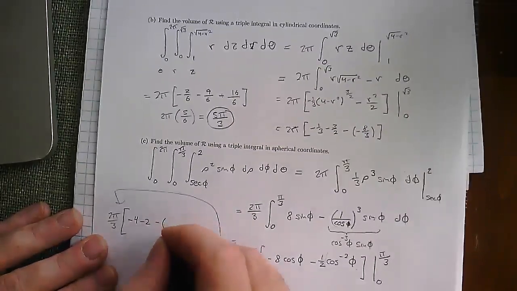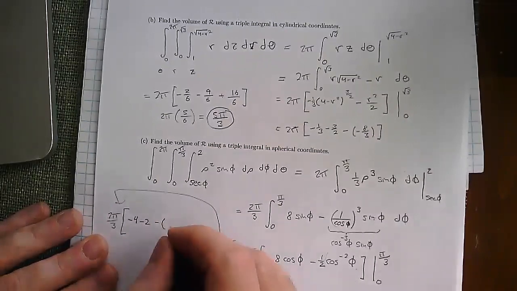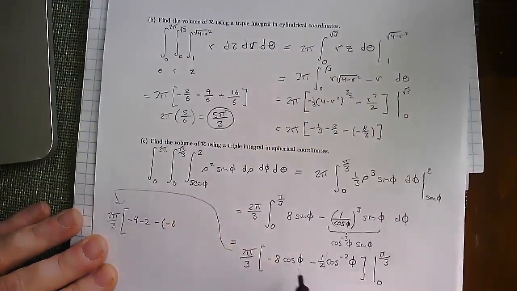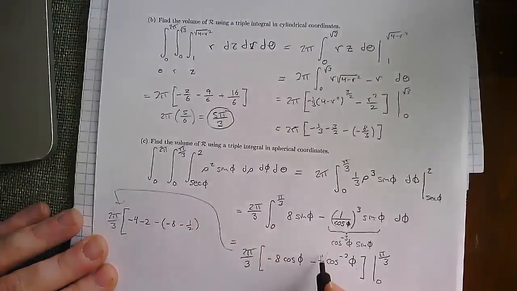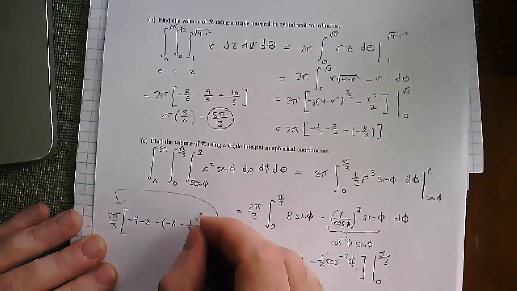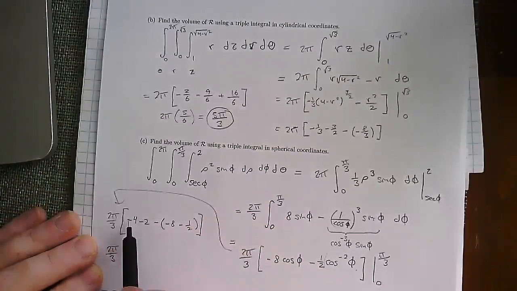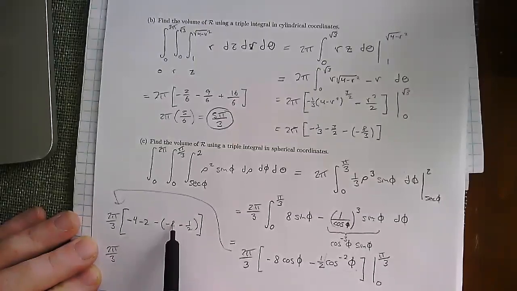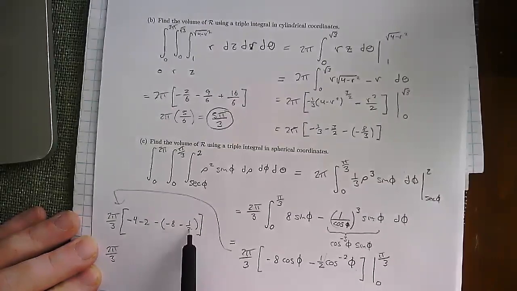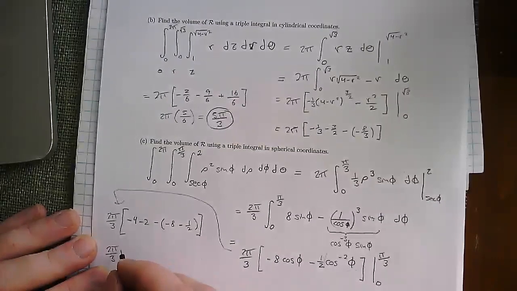And then we're going to subtract what we get when we plug in phi equals 0. So cosine of 0 is 1, so we'd have negative 8 minus 1/2 times 1. Okay. And so 2 pi over 3. So negative 4 minus 2 is negative 6, minus negative 8 is positive 2, minus 1/2 is 3/2, I believe.